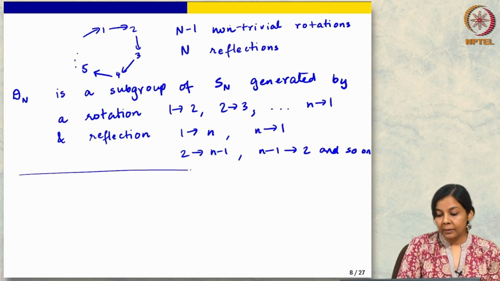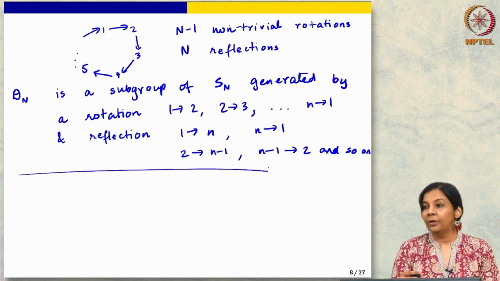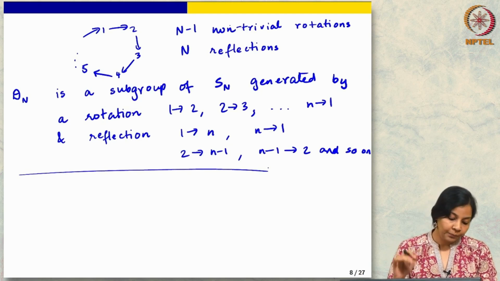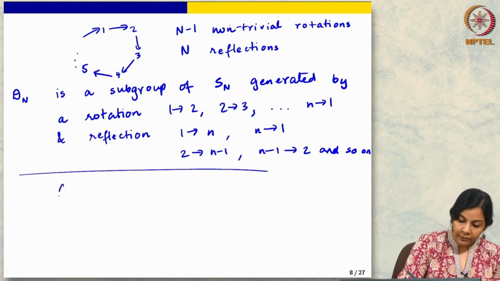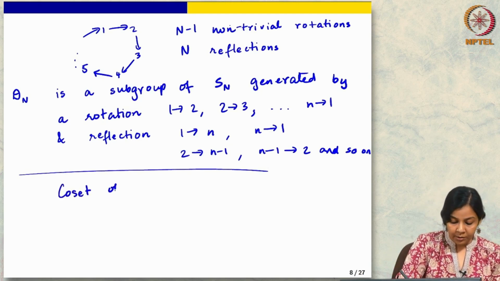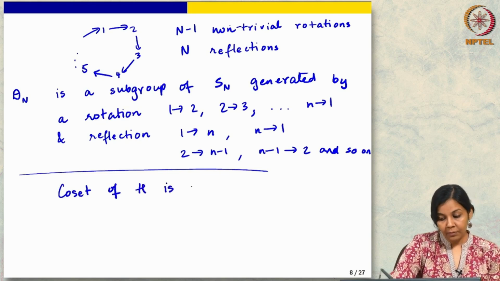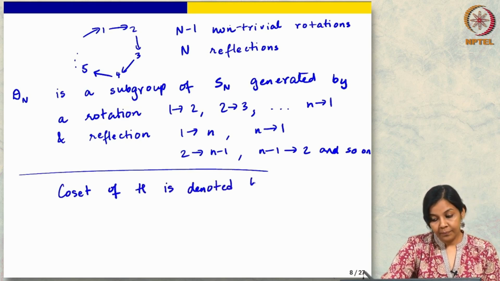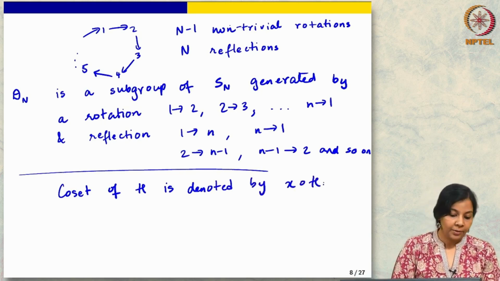So, with that, let's try to dig a little deeper into the hidden subgroup problem. Okay, so a coset of H is denoted by XH.